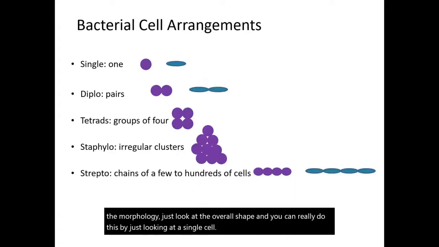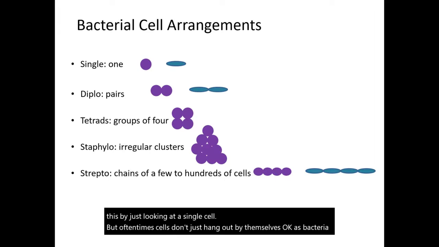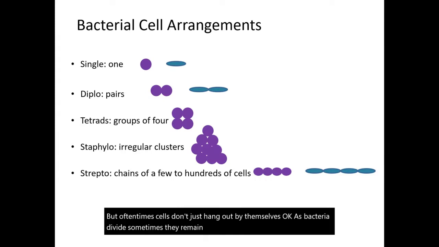But oftentimes, cells don't just hang out by themselves, okay? As bacteria divide, sometimes they remain in contact with other cells. So when some organisms' cells divide, they do remain as separate entities. We refer to that arrangement as single.